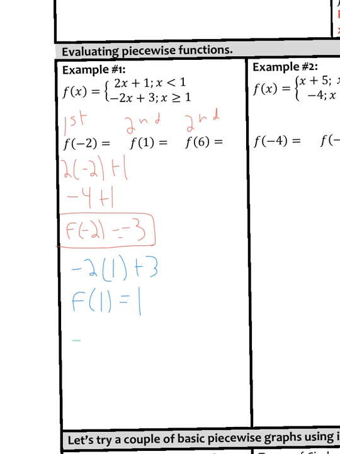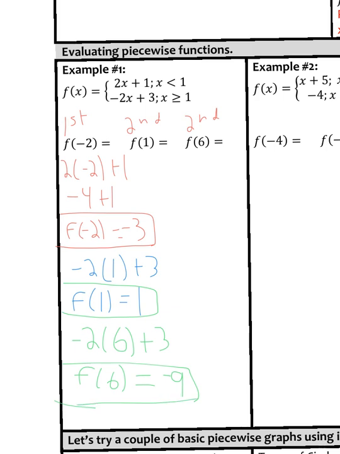So it goes negative 2 with the 6, plus 3. Plug all of that into our calculator, and that would give me negative 9. So f of 6 equals negative 9. Those were the answers for that one.